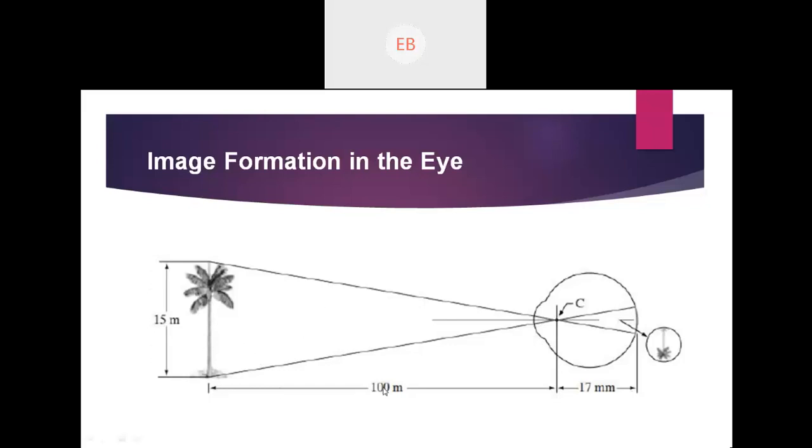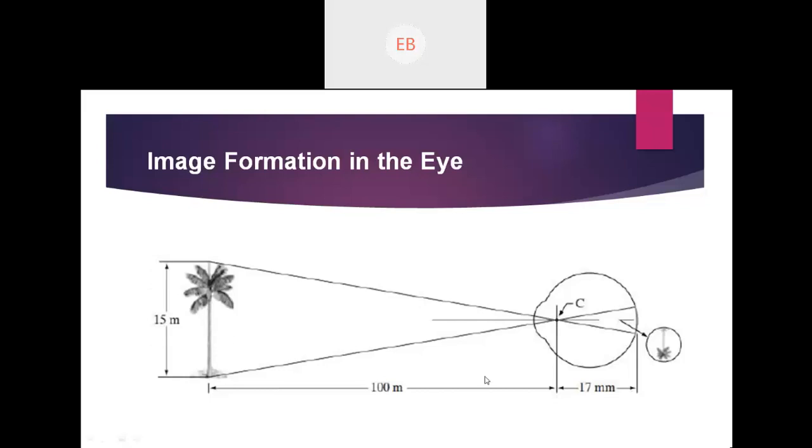Suppose this object is at 50 meters distance. The eye will focus on the object, and the lens will exhibit a higher refractive power than the lowest. So as the object gets nearer, it will increase.